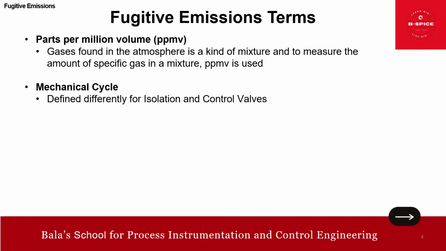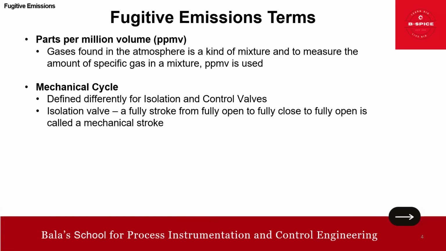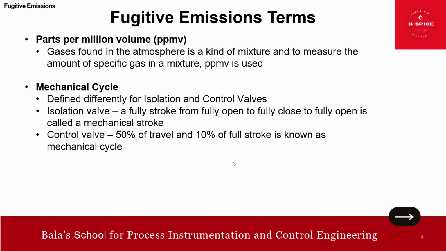It is defined differently for isolation and control valve. For an isolation valve, a full stroke from fully open to fully closed to fully open is called a mechanical cycle. For a control valve, 50% of travel and 10% of full stroke is known as the mechanical cycle. Okay, this is about the terminologies. You don't have to worry about it as an instrument guy.